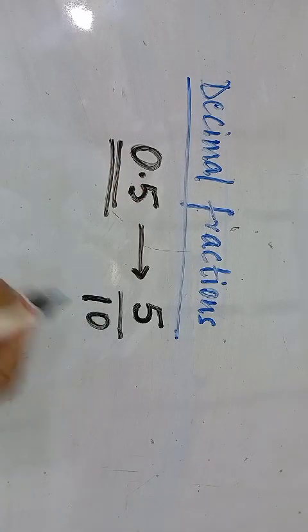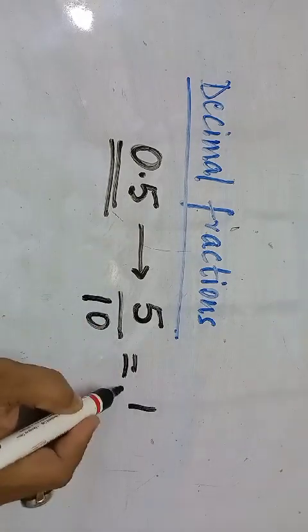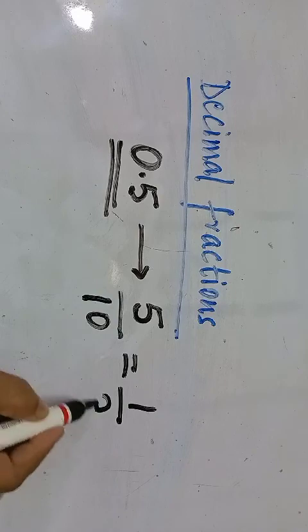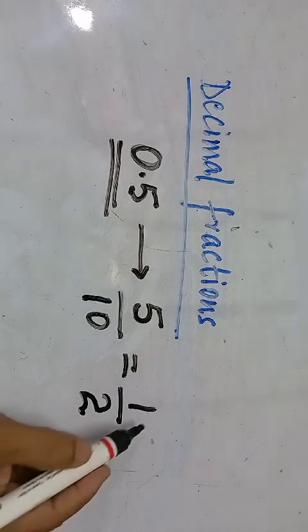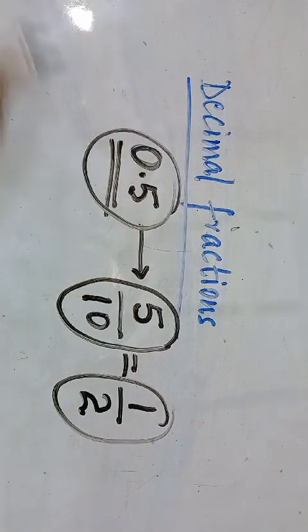So essentially this becomes 5 by 10, which can be further cancelled. 5 ones are 1, 5 twos are 10. So it can be expressed as this also, and essentially all these three things are the same things.